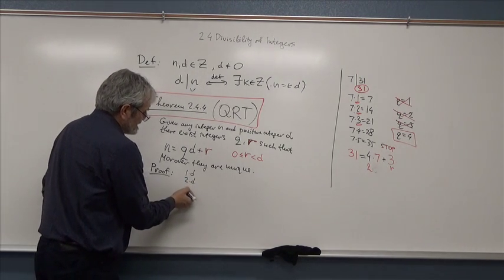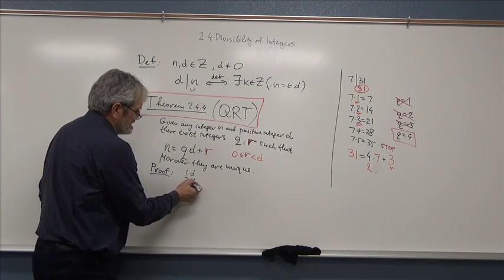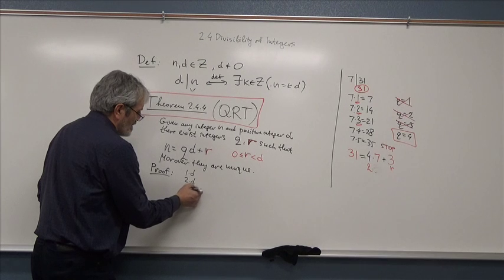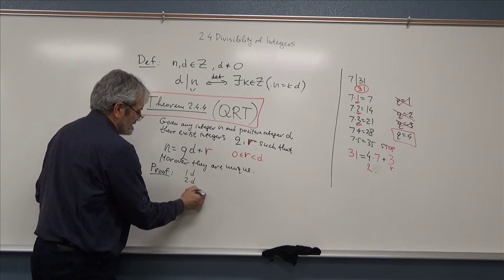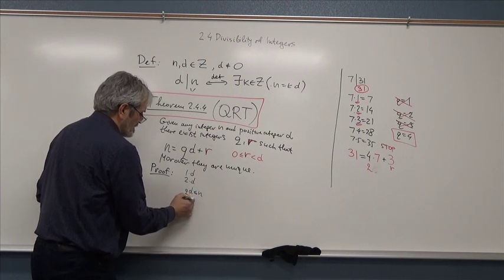So what then? At some point, we'll look at the following situation. There must be a point where qd is still below n or equal, but (q plus 1)d will be bigger than n.